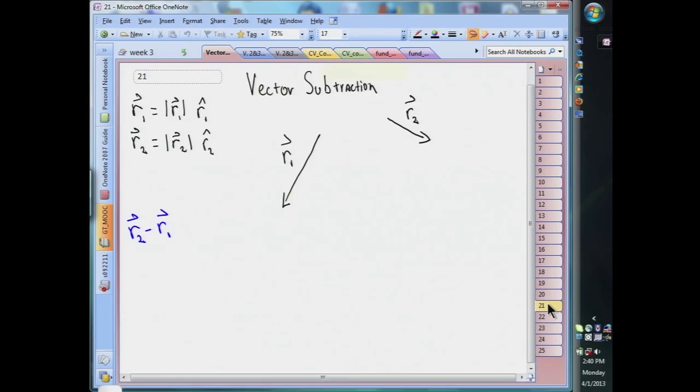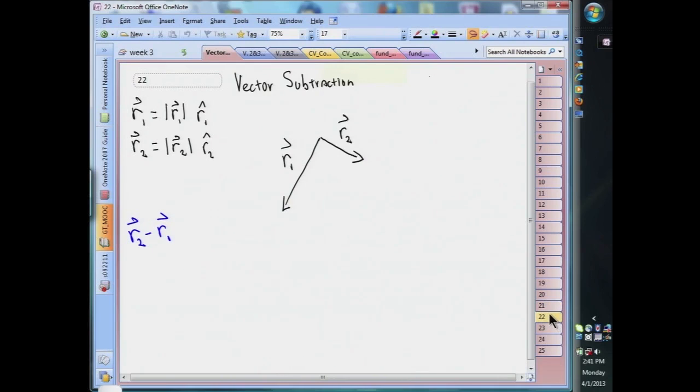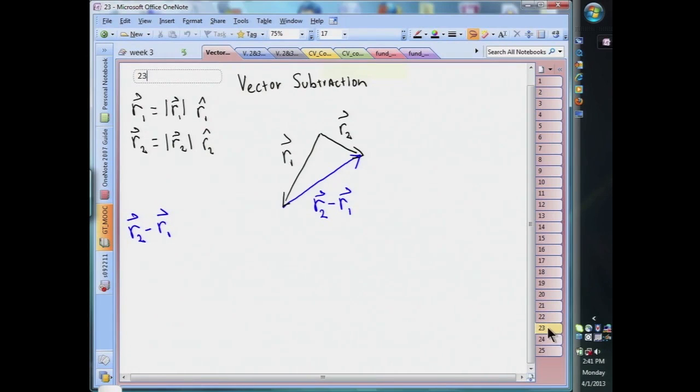To represent vector subtraction with arrows, say for example subtracting R1 from R2, we first place the arrows such that the tails of both arrows are at the same location. Then we draw a new arrow here from the tip of R1 to the tip of R2.